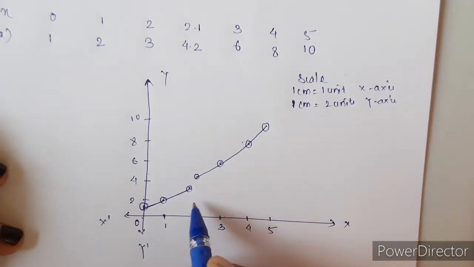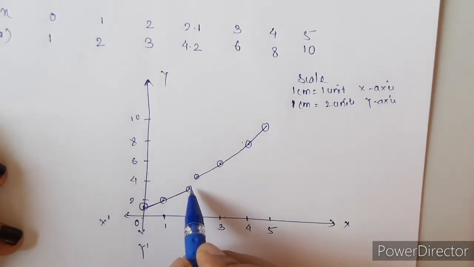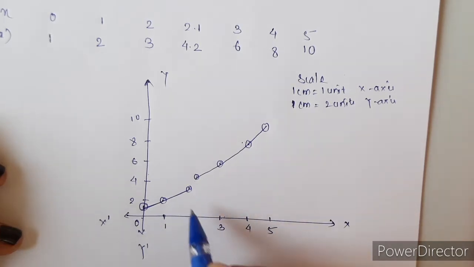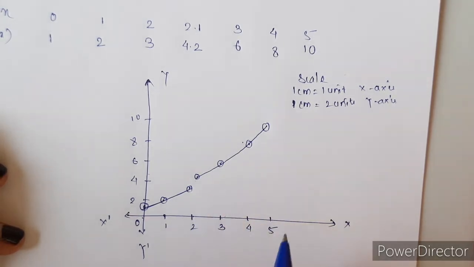Now from 2 to 2.1, there is a gap in the function. There is a break in the function. It means the limit does not exist at point 2.